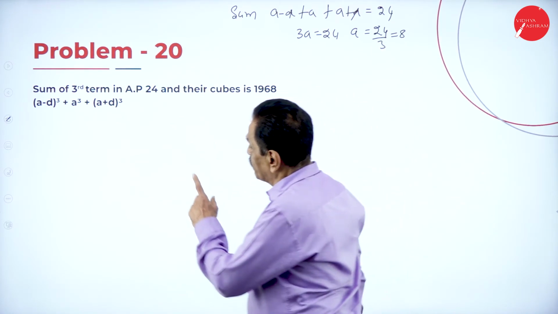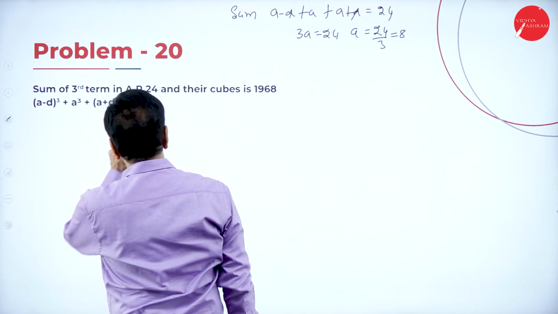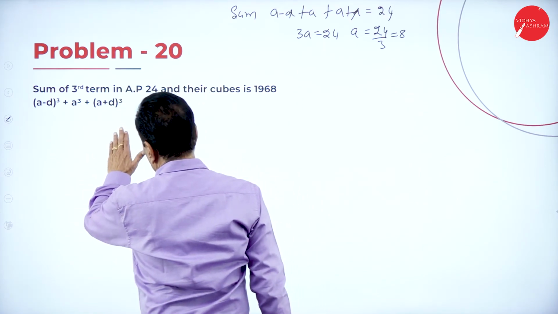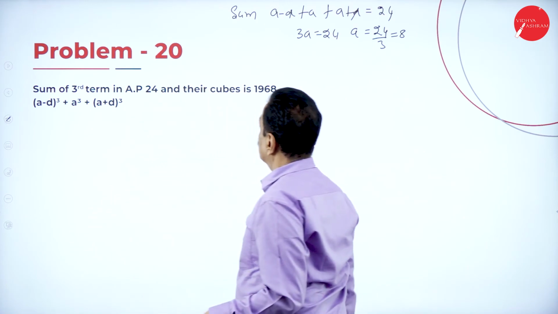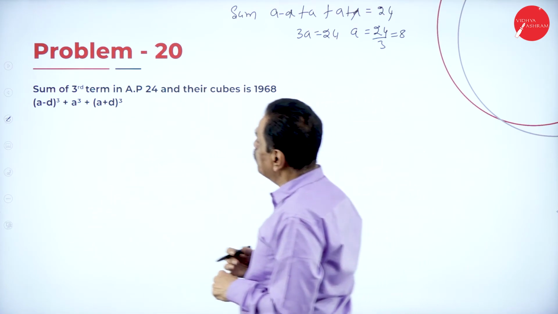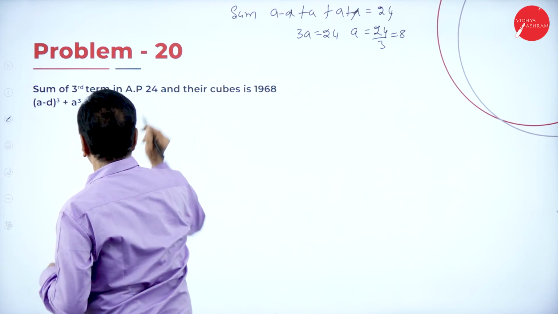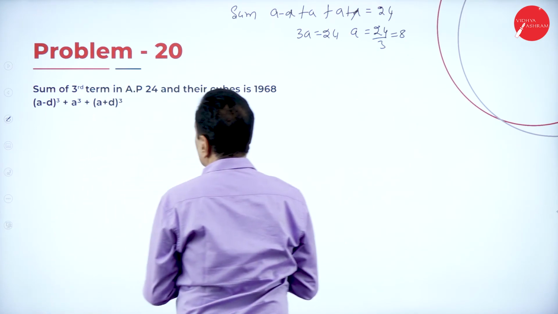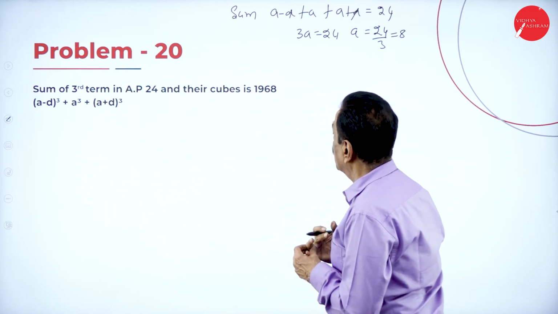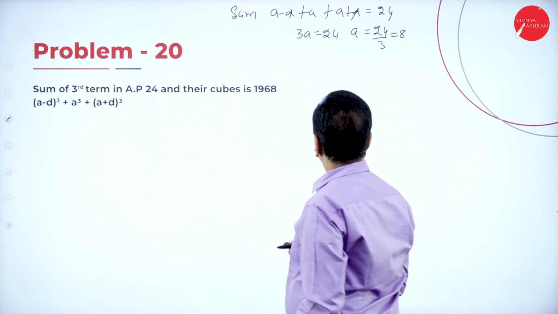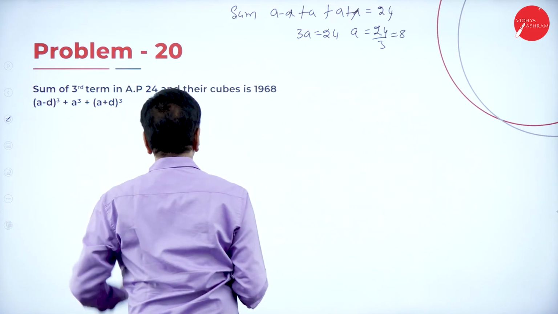Then cubes of that. What is the cubes? A minus D whole cube, A cube, A plus D whole cube. Their cubes sum is 1968. So come back here, this formula.